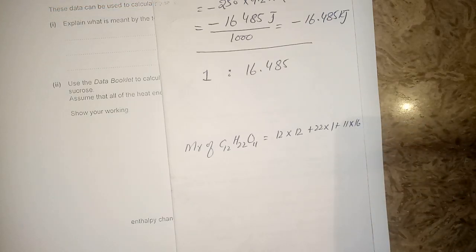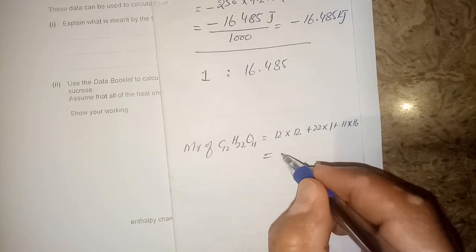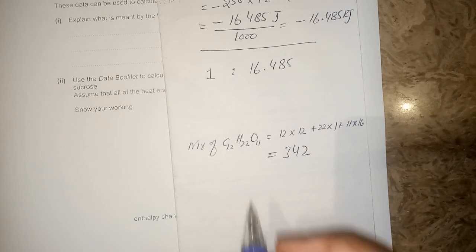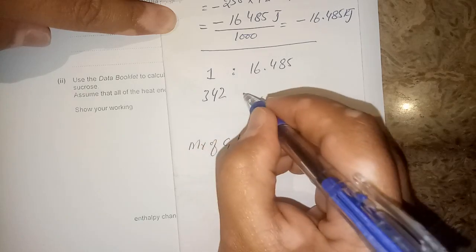So we have to find the molecular mass of this compound. 11 times 16 is 176, 12 times 12 is 144, so 176 plus 144 plus 22 is 342.